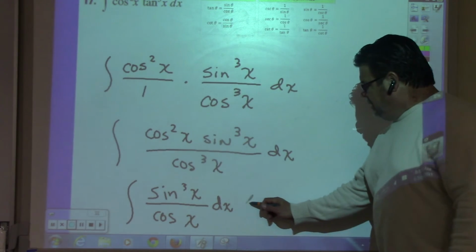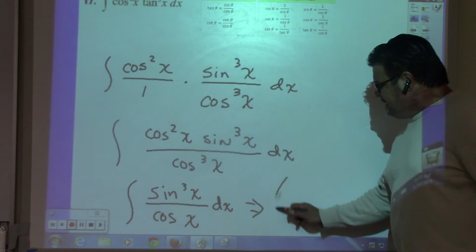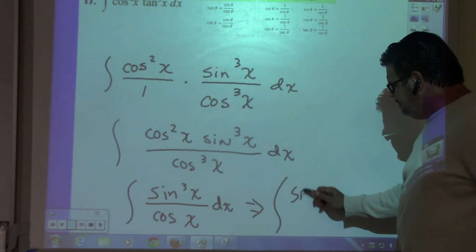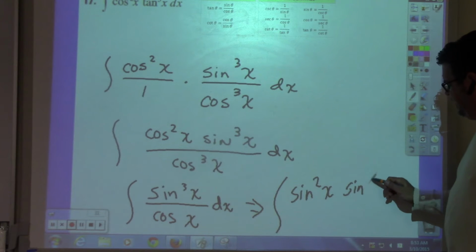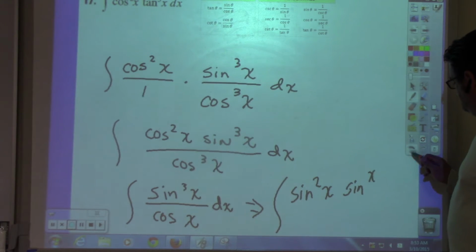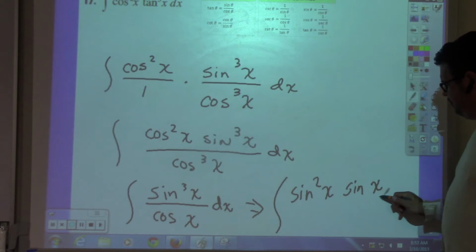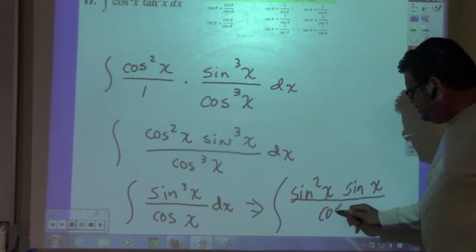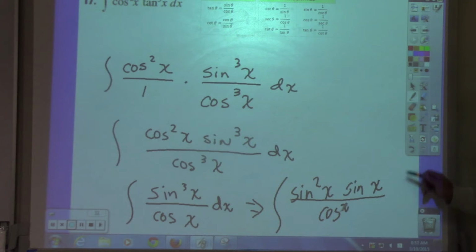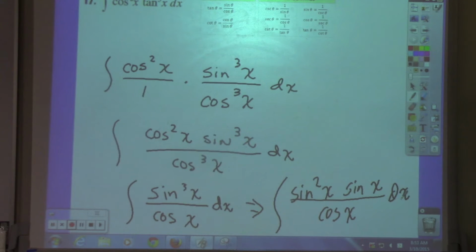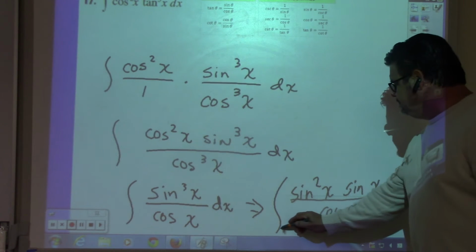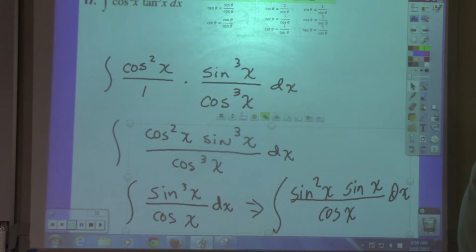So this is going to give you the antiderivative of sine squared of x times sine of x over cosine of x dx. And sine squared of x is 1 minus the cosine squared, whatever.